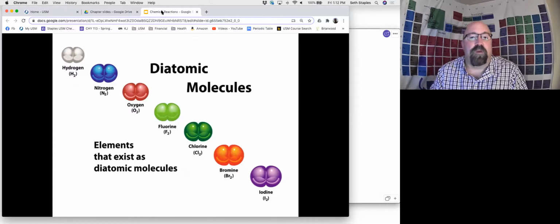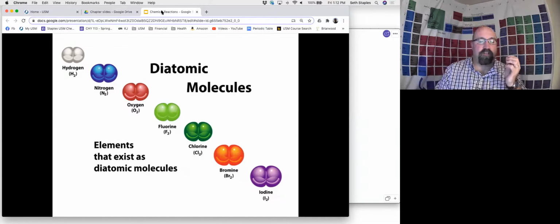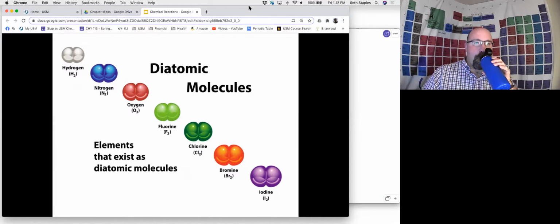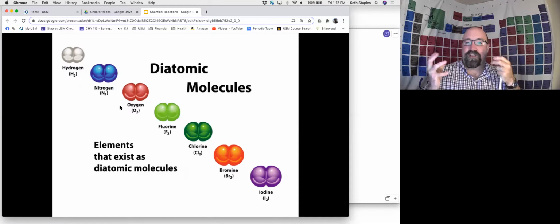Before we really do launch into it, though, one thing that we need to bring up, that I don't think I made clear when we were talking about molecules in general, is that there are some elements that exist as what we call diatomic molecules. That means that when these elements exist by themselves, they exist as one of the elements bound to another one. All of these 7 elements, so hydrogen, nitrogen, and so on, when they are existing in their elemental state, you'll never find just one lone atom.